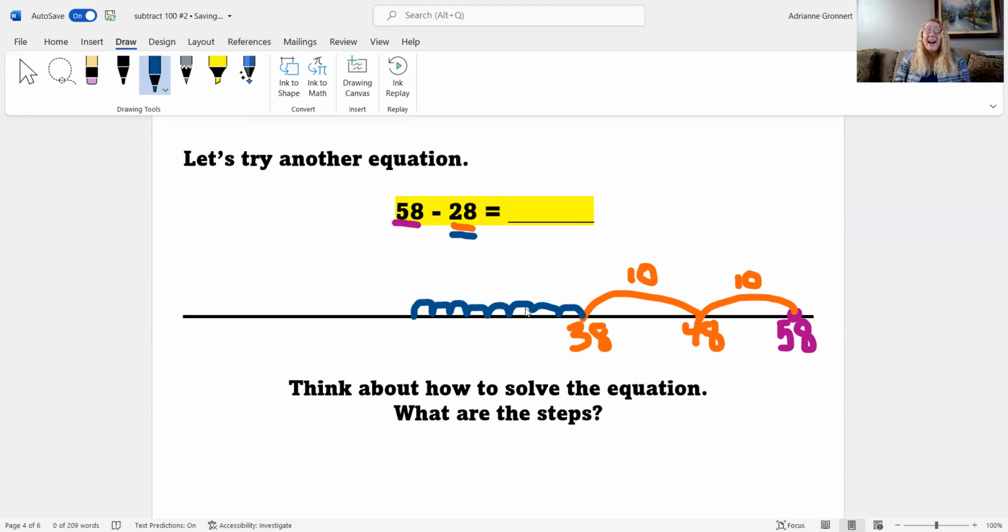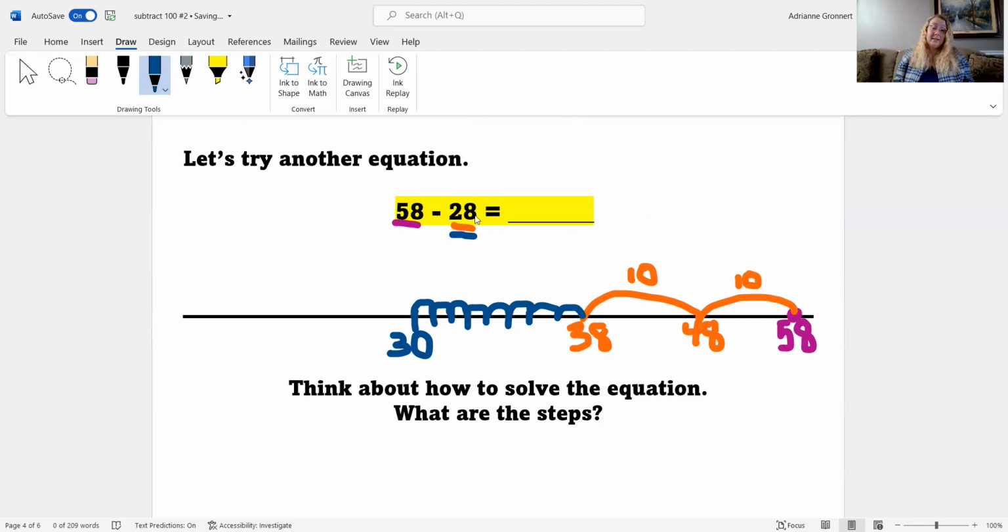And finally, I need to count to see where I landed. Are you ready to do it? Let's count backwards. 38, 37, 36, 35, 34, 33, 32, 31, 30.